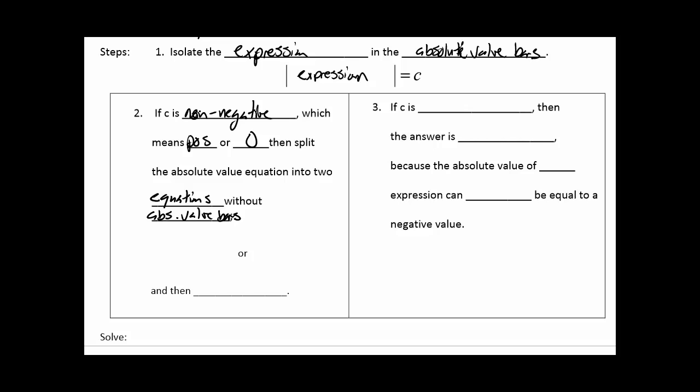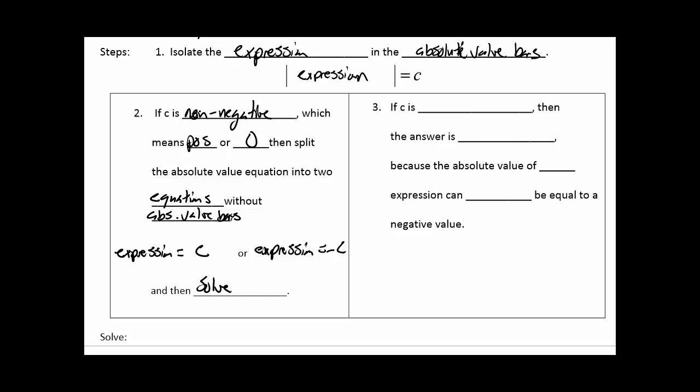In other words, we rewrite it as the expression equals the positive constant, and the expression equals the negative constant, and then from there we just solve. So we break it up into two equations and solve from there.